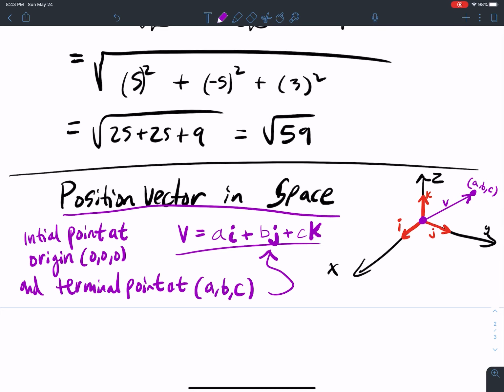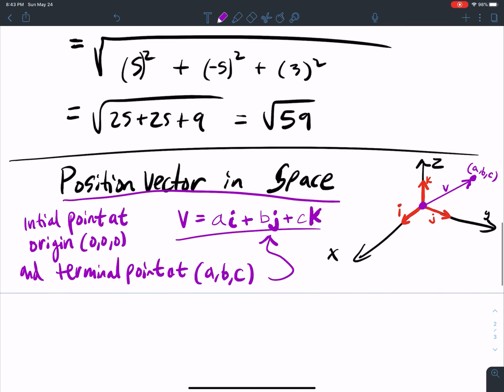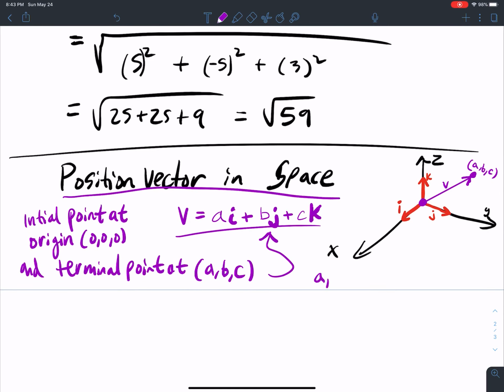So the scalars A, B, and C are called the components of the vector Ai plus Bj plus Ck, with A being the component in the i direction, B being the component in the j direction, and C being the component in the k direction.